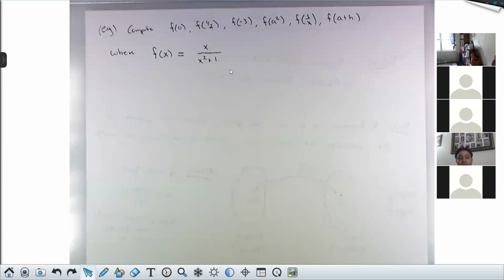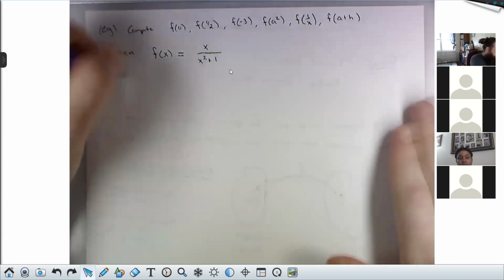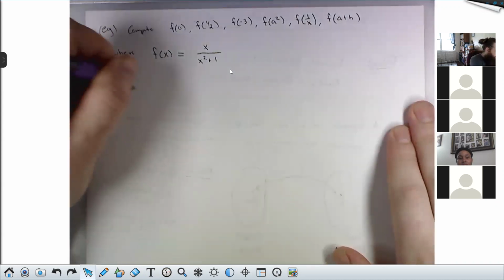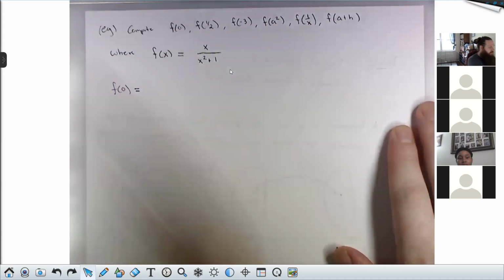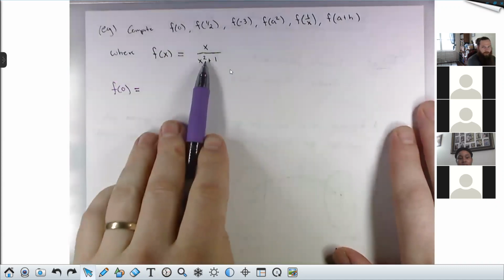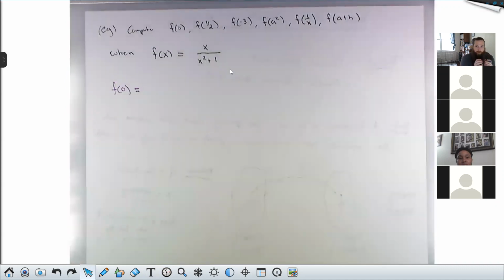Okay, let's start with the gentler stuff like f of 0. F of anything is what you get by taking this formula and replacing x by that thing, and you want to do so in parentheses.